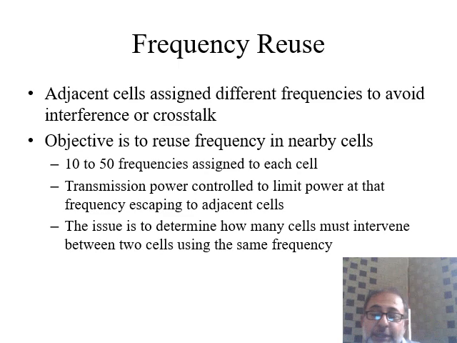So the adjacent cell does not face crosstalk in case of FDMA, and in case of 3G, it would face basically an increase in the height of the noise floor.